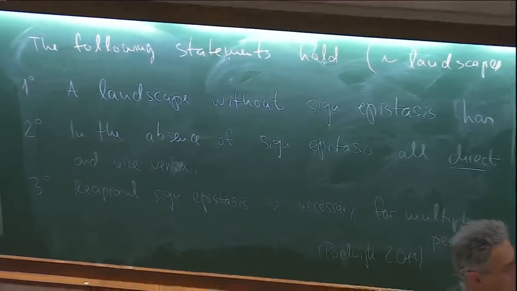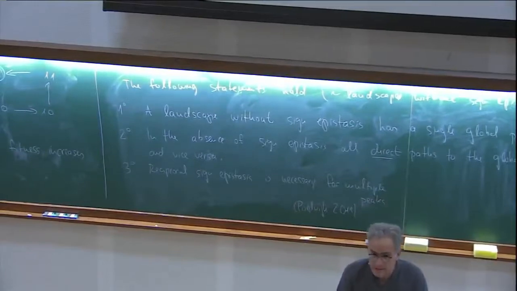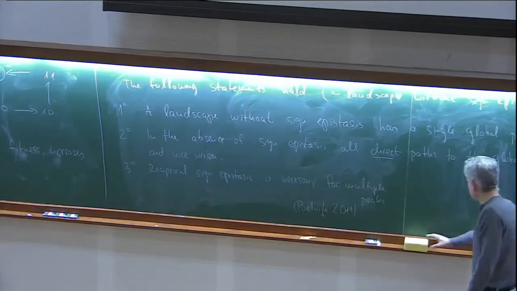And maybe since I won't really be able to get into the empirical landscapes today anyway, maybe I can show you the proof. It's really cute. I think it's a very nice proof. So let me explain it to you for this third statement.